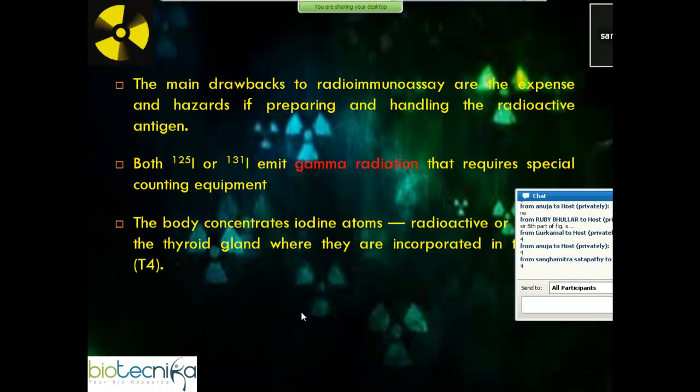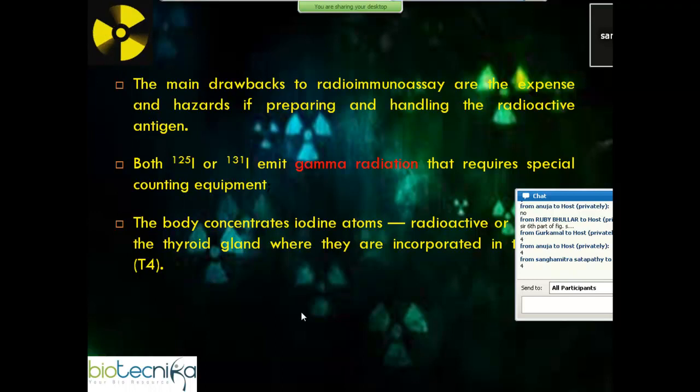ELISA is an advancement of the RIA method. In RIA, we did not have any idea about fluorescent molecules at first; we used only a radioactive element at that time. So the advancement of RIA is ELISA.